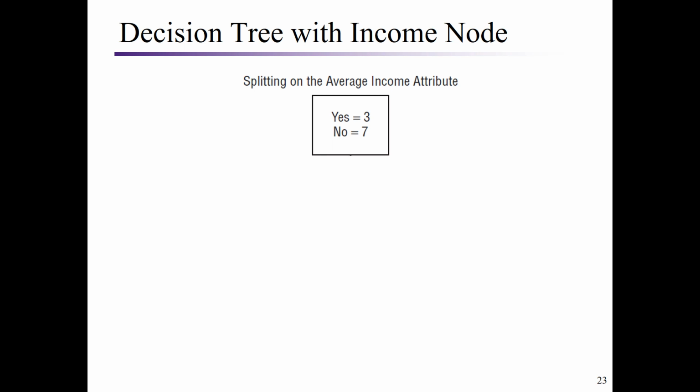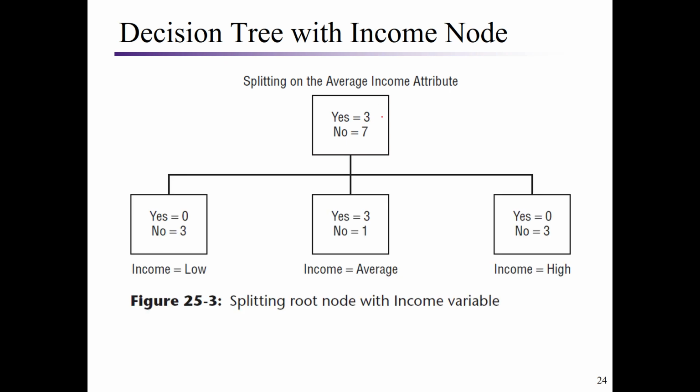Now let's take a look at an example of a decision tree using the same data, 10 customers, and out of 10, only 3 people purchased. We can split the consumers on the average income attribute or variable like this. First step. As you can see, in the income level low customer segment, nobody purchased.